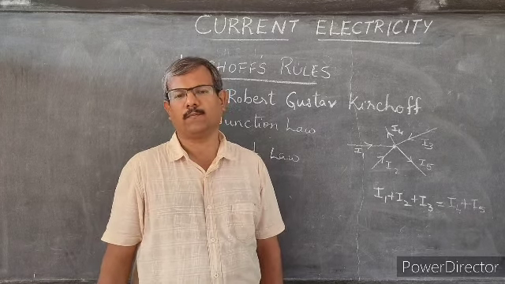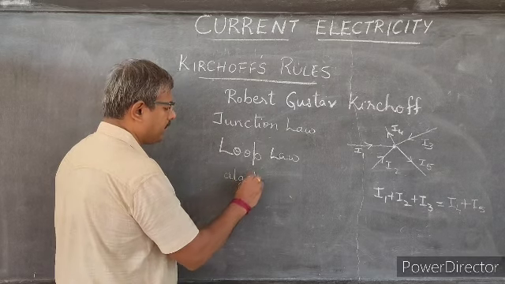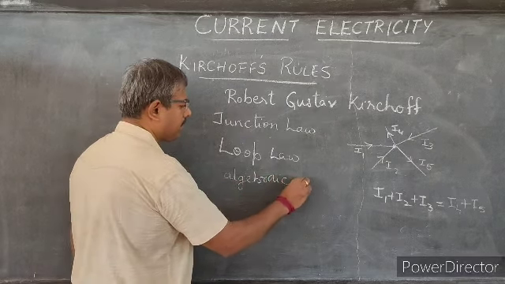So let's break it down here. So we are looking at the algebraic sum, which means for any circuit, let me take a simple circuit with a resistor R and a voltage V because of a cell in the circuit. This cell is inducing a current, let's say I. Now, this is a closed loop.